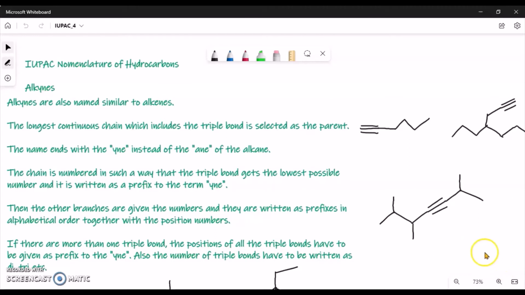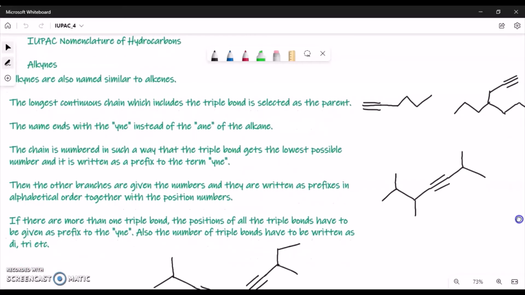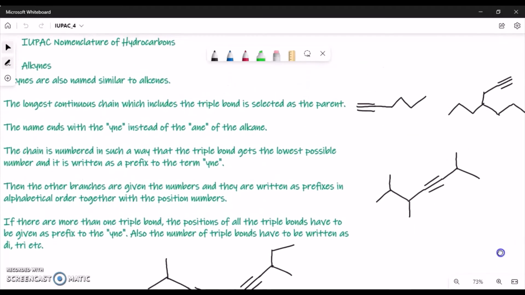If there is more than one triple bond, the positions of all the triple bonds have to be given as prefix when you name it. For example, if there are two triple bonds, you put di, and if there are three, it will be tri, and so on. So there will be the prefix number as well as the term di, tri, etc., depending upon how many triple bonds there are.